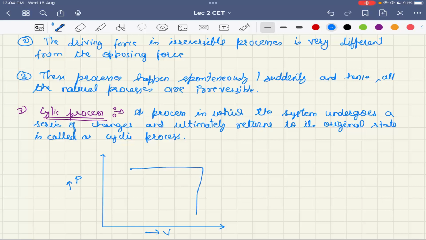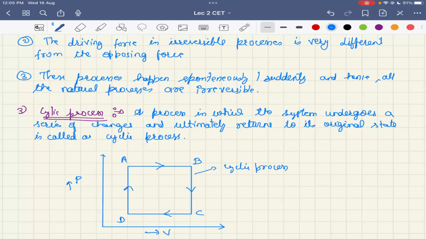This is the path of the process. This is point A, point B, point C, point D. Initially the system goes from A to B, then B to C, then C to D, and D to A. So the initial and final points are the same. Such types of processes are called cyclic processes.